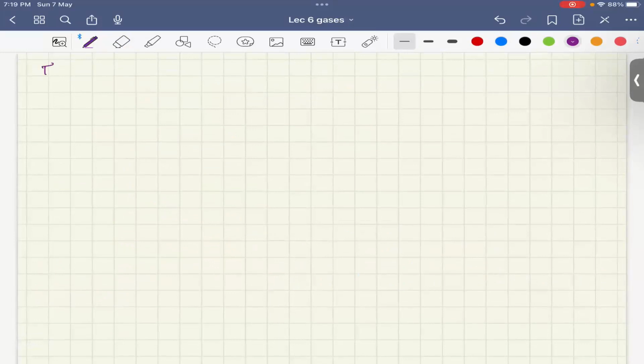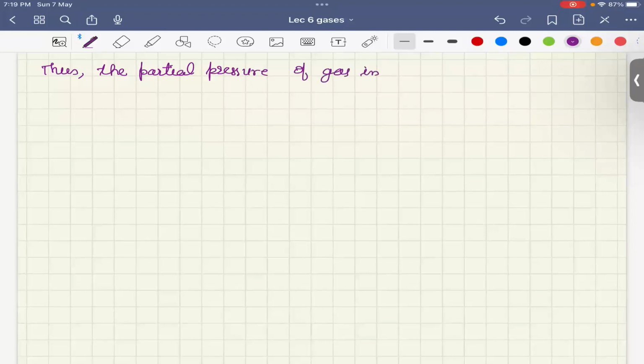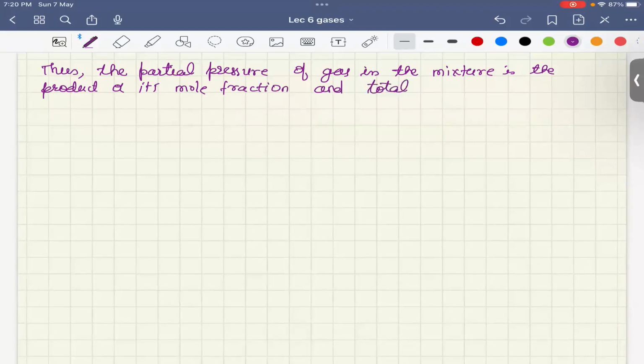Thus, what we can say is the partial pressure of a gas in the mixture is the product of its mole fraction and the total pressure of the mixture. Let us solve an example based on this.